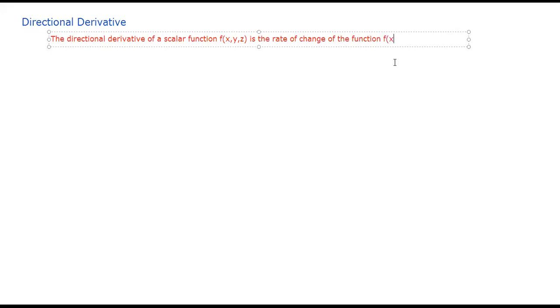Directional derivative definition is: the directional derivative of a scalar function f of x y z is the rate of change of the function f of x y z in the direction of a given vector a bar.